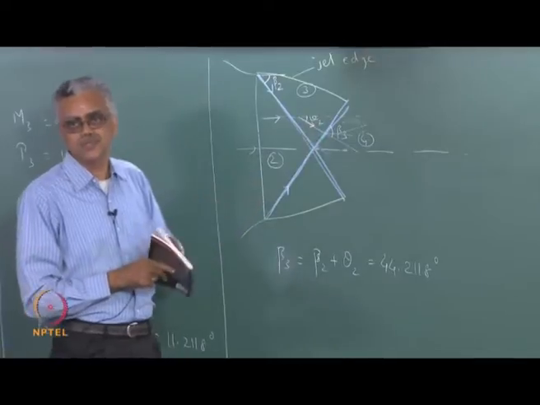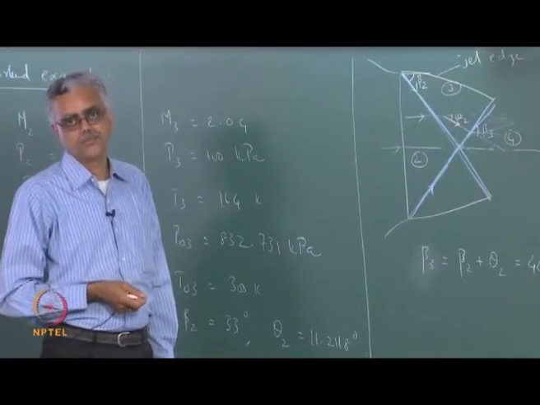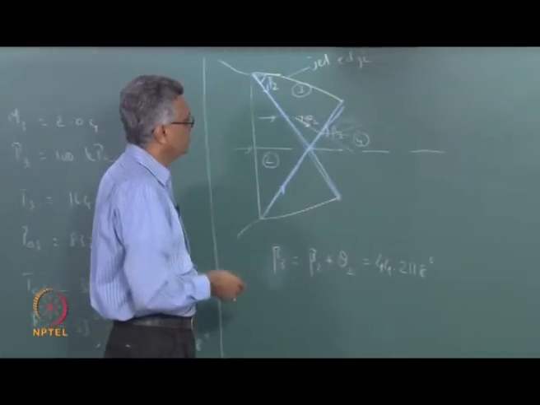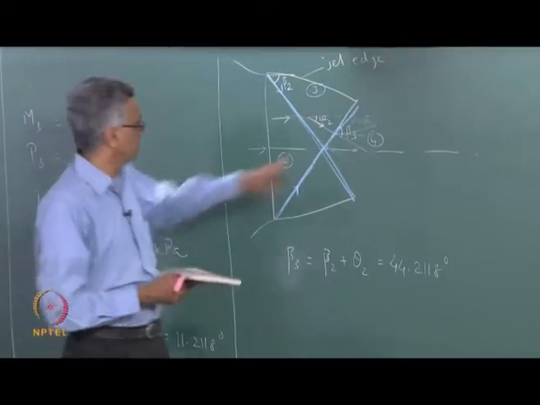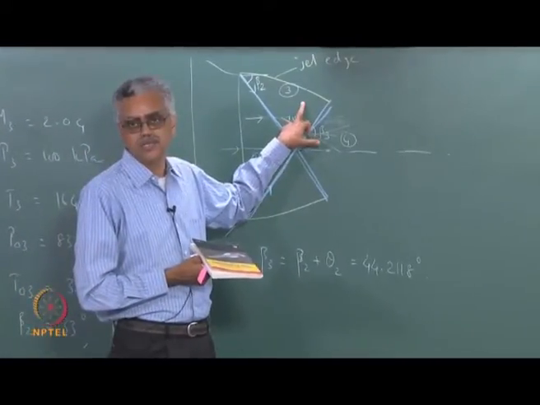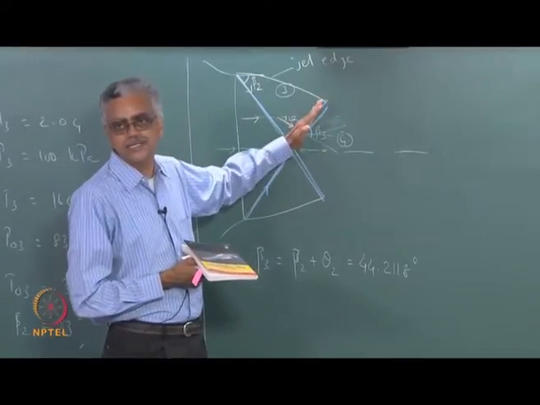Okay, so that is an assumption that we are making, which I said even before. If we assume the deflection angle theta 2 equals theta 3, then we can find out beta 3, no? We know the Mach number here, and we are saying that there is no change due to the intersection of the shock wave.